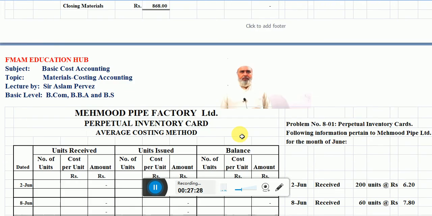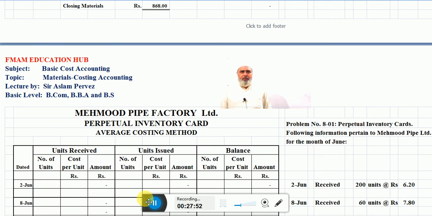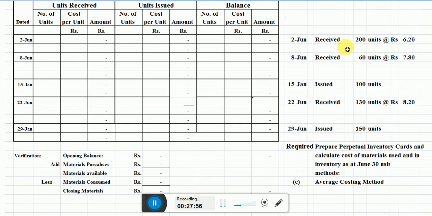Student, this is the storage card, Mahmood Pipe Factory Limited, perpetual inventory card, average cost method. Students, the question is the same, but the method is different, which is the average costing method. Now let's start this question with the help of the average cost method.